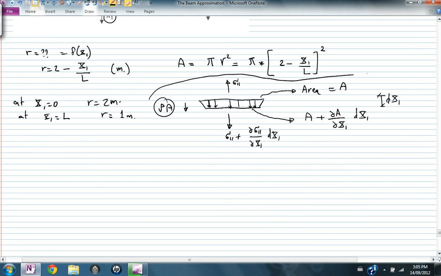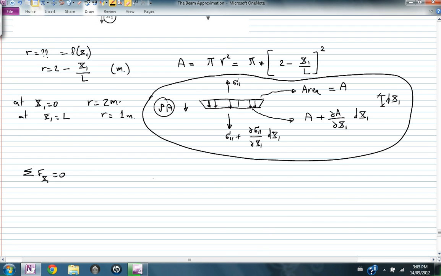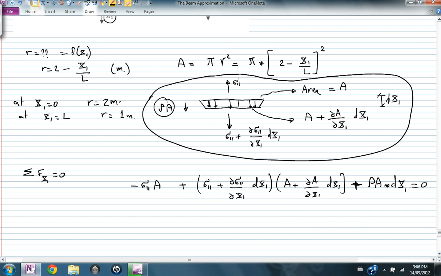So the sum of forces in the x1 direction equal to 0: negative sigma on 1 A plus the stress multiplied by the area, plus as well the distributed force multiplied by dx1, equal to 0.